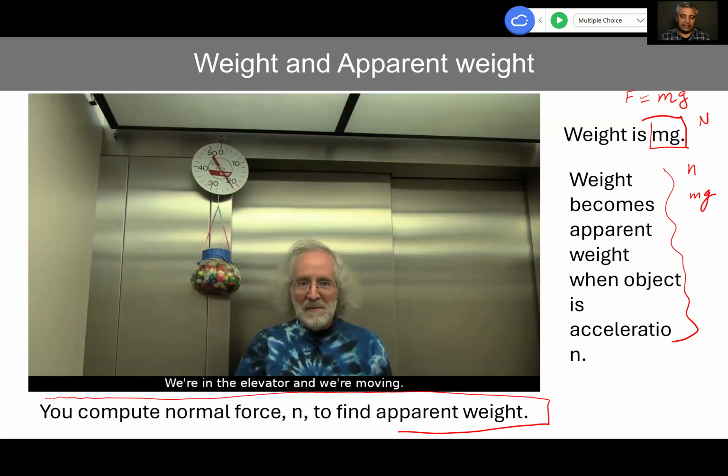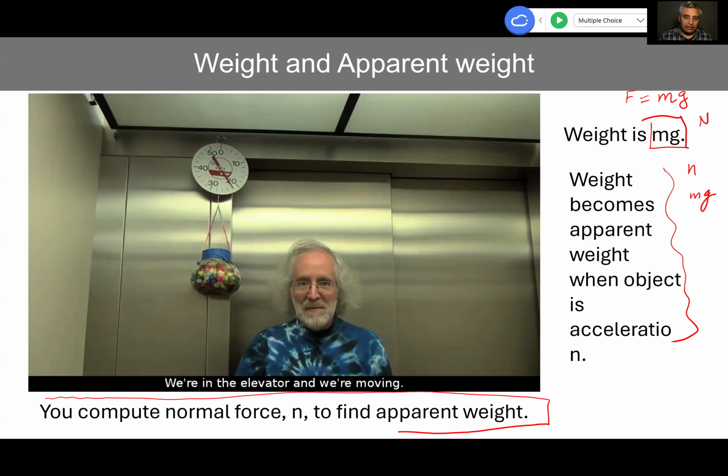Right now, the elevator is not accelerating. You want to see what happens when the elevator accelerates, so pay attention to this needle. I have a question for you: does this needle deflect towards a larger number or a smaller number?